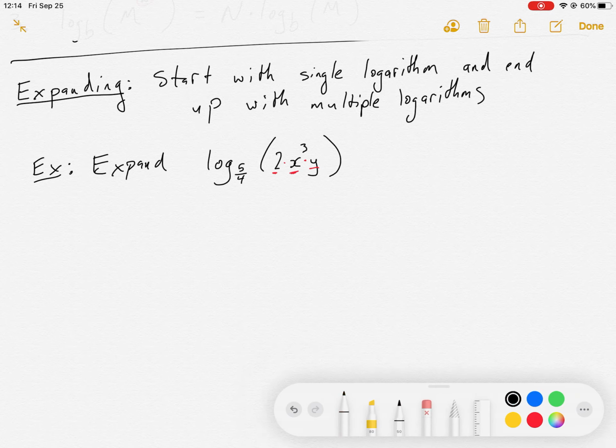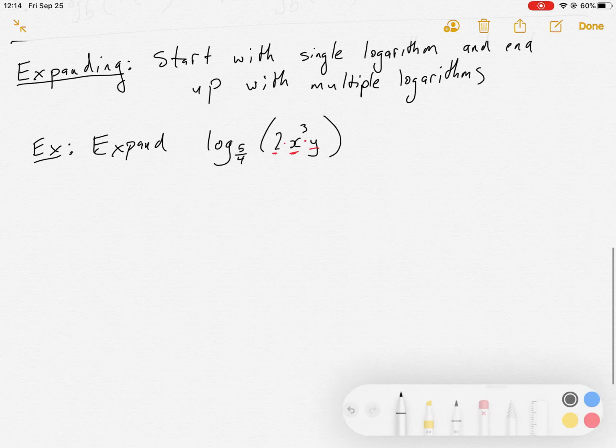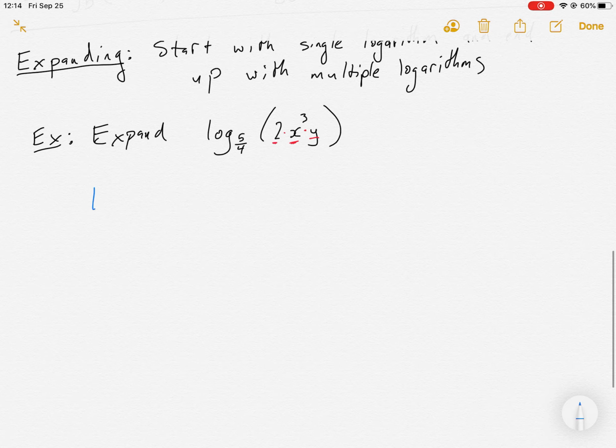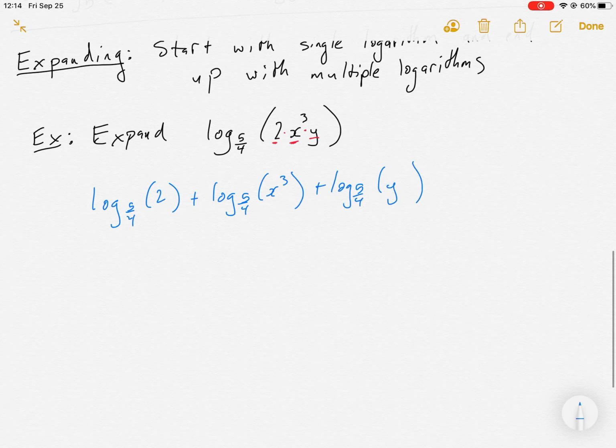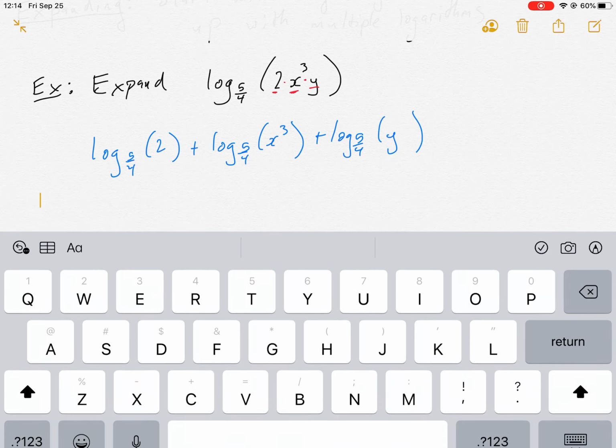So each of those is going to get its own addition. We're going to end up with log base 5/4 of 2 plus log base 5/4 of x cubed plus log base 5/4 of y. And we're really close to being done.